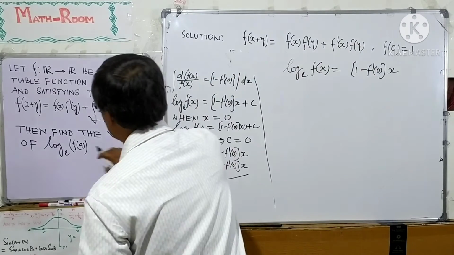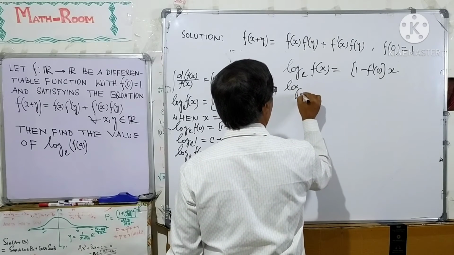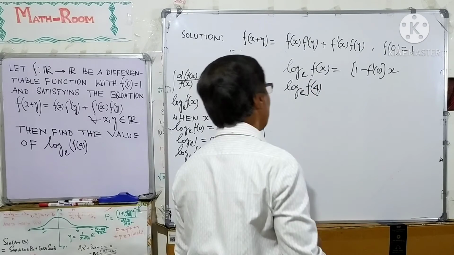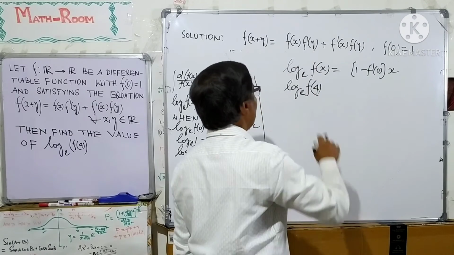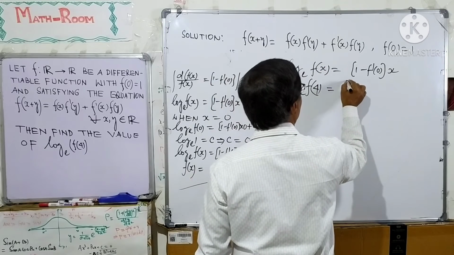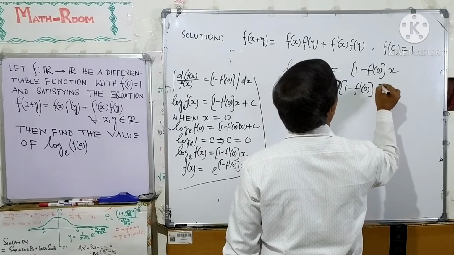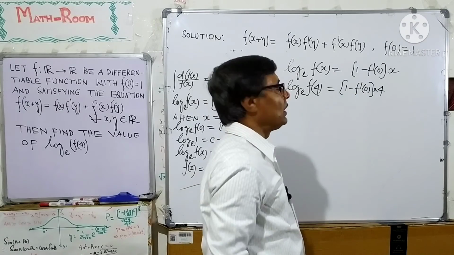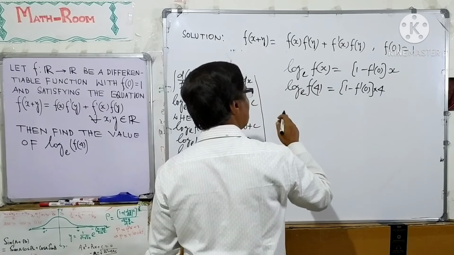Now, we shall find natural logarithm f of 4. We put x equal to 4 on both sides. So, natural logarithm f of 4 equal to 1 minus f'(0) into 4. Now, we have to know the value of f'(0).